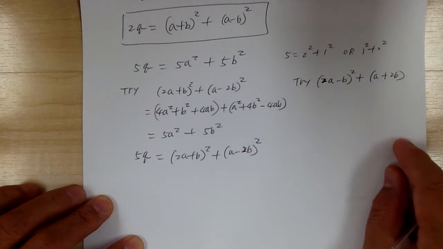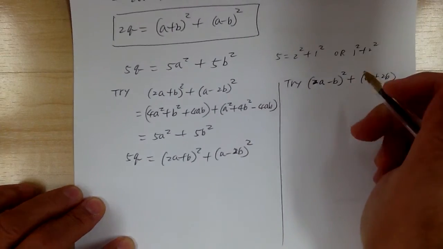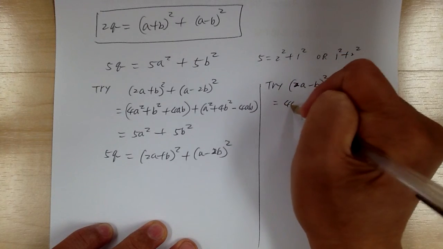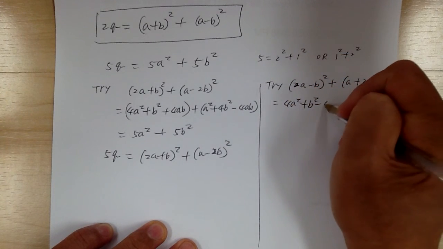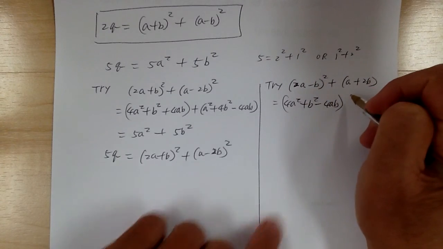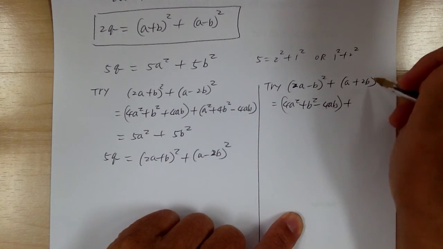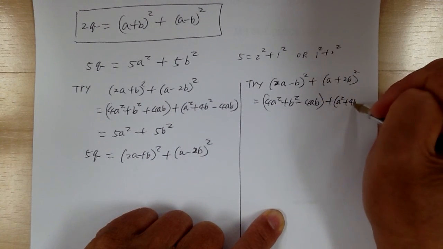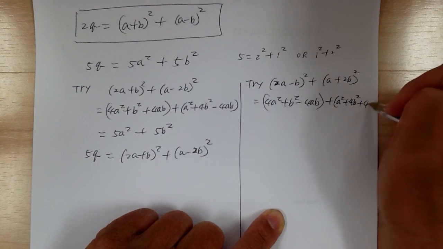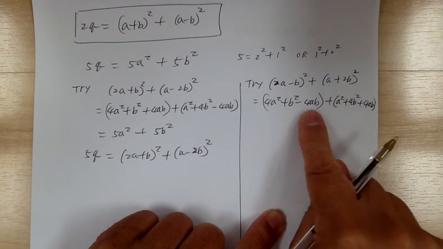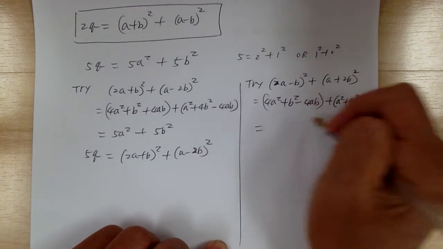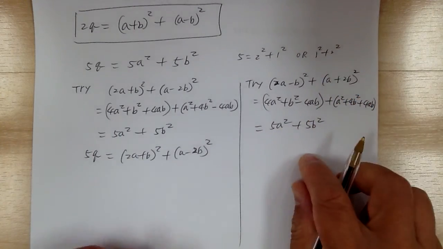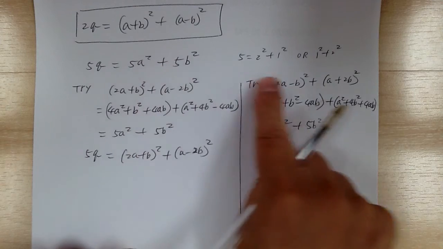Now, when you try this, you're going to work it out exactly the same way. So you're going to get 4a squared plus b squared minus 4ab, and it's just going to be the reverse of that, right? Plus, oh, I forgot a square over here. And plus, you're going to get a squared plus 4b squared plus 4ab. Again, plus 4ab and minus 4ab will cancel out. So this is equal to 5a squared plus 5b squared. So that means this is also equal to that.